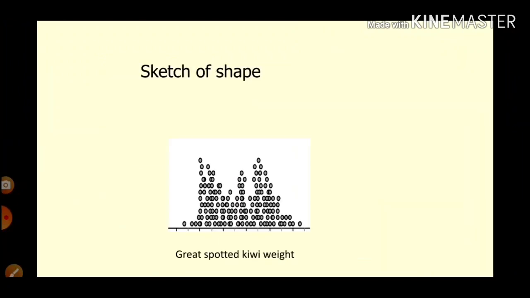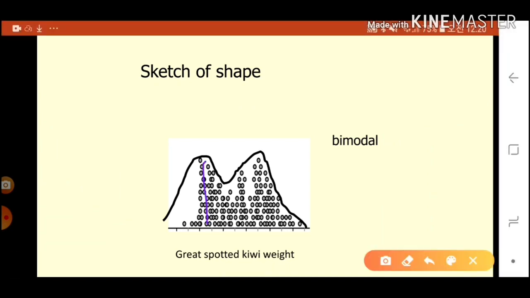Okay, have a go at looking at this shape. If you put a very thick blanket on top, it's going to look like this, right? How many peaks are there? There are 2 peaks. One in here, there's one peak, and there's another peak over here. If I have 2 peaks, then I call it bimodal.